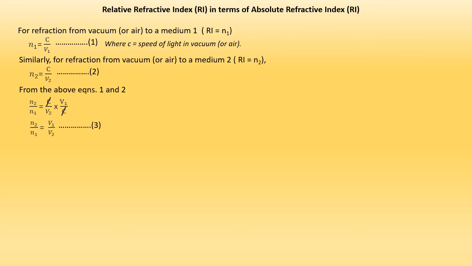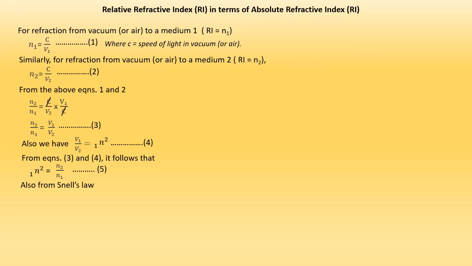As we know that v1 / v2 is equal to the refractive index of second medium with respect to first medium, we consider this as equation 4. From equations 3 and 4, it says that the refractive index of second medium with respect to first medium is equal to n2 / n1, which is the refractive index of medium 2 divided by the refractive index of medium 1.